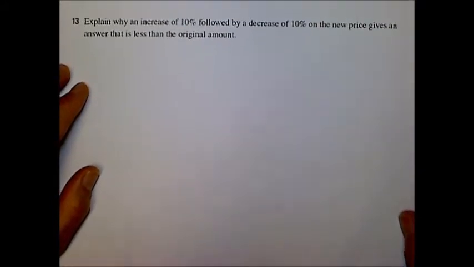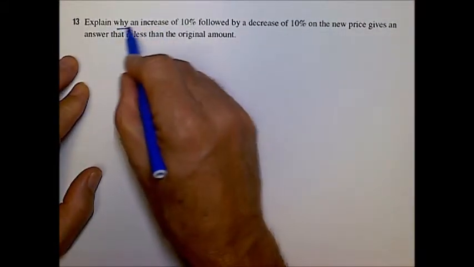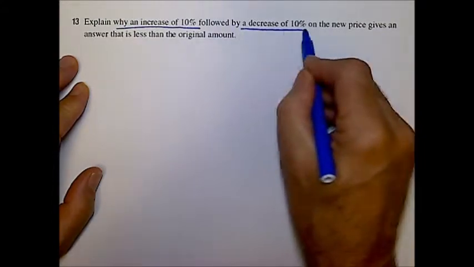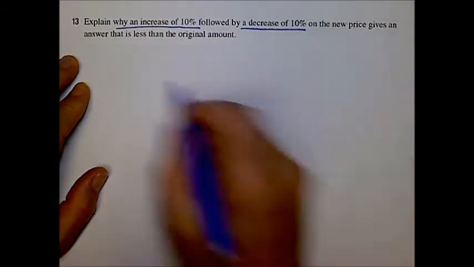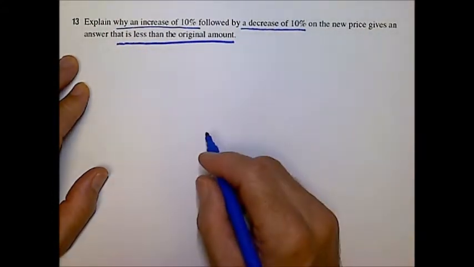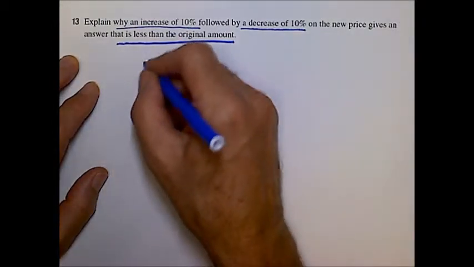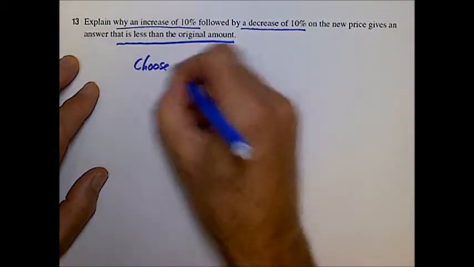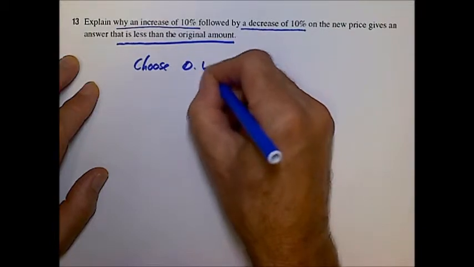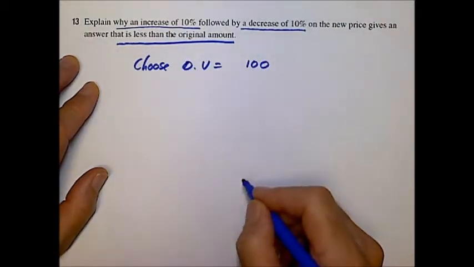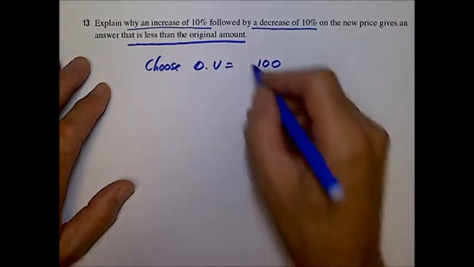The last problem is asking you to do some reasoning, thinking about why an increase of 10% followed by a decrease of 10% on a new price gives an answer less than the original amount. So if we choose an original value equal to $100, that will help us to understand what's happening.